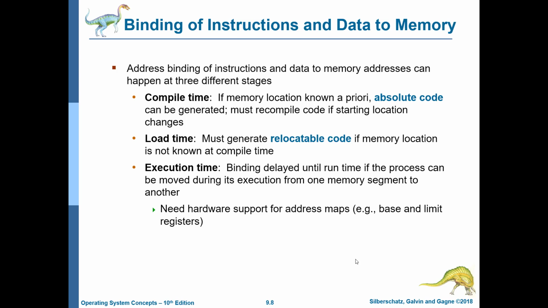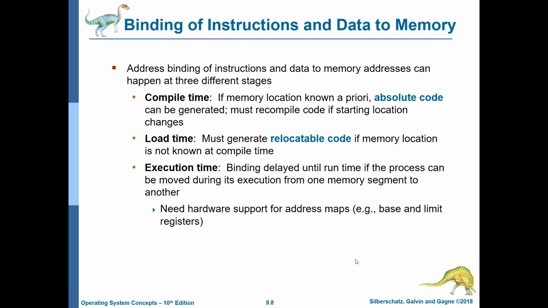This is again a summary of the previous slide, where we are looking at compile time, load time, and execution time address binding. In general, unless you are looking at really serious C code or assembly code, we are almost never dealing with absolute addresses. Absolute code is almost never generated.